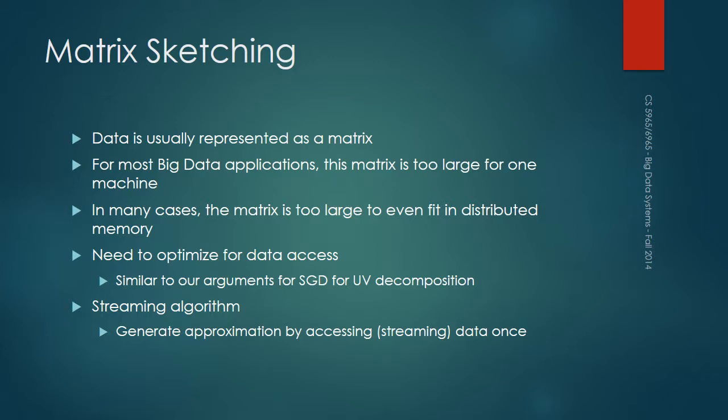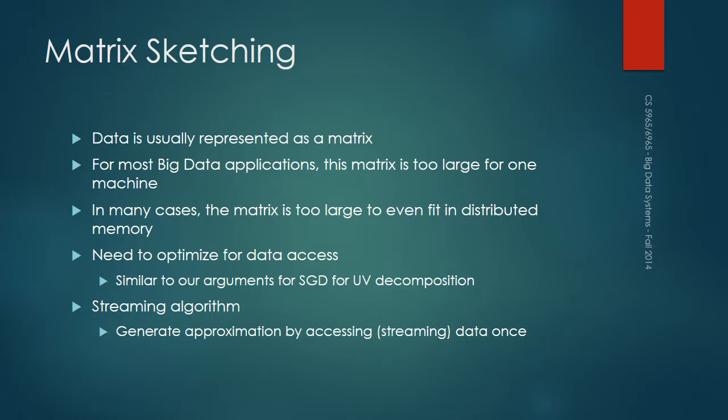We've looked at a lot of problems where data is usually represented as a matrix, right? For a lot of the big data applications, this matrix is too big, and it's sort of motivated us to do things in parallel, whether MPI or Hadoop or whatever. Of course, you have to consider the case where it's the matrix itself. So think in terms of doing a matrix vector product just for the time being.